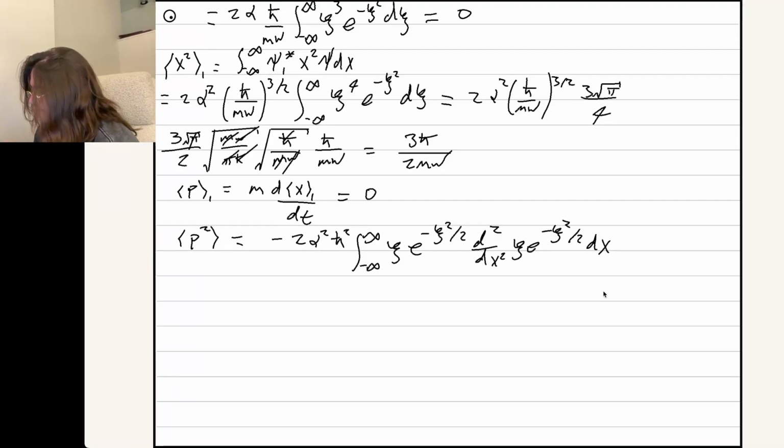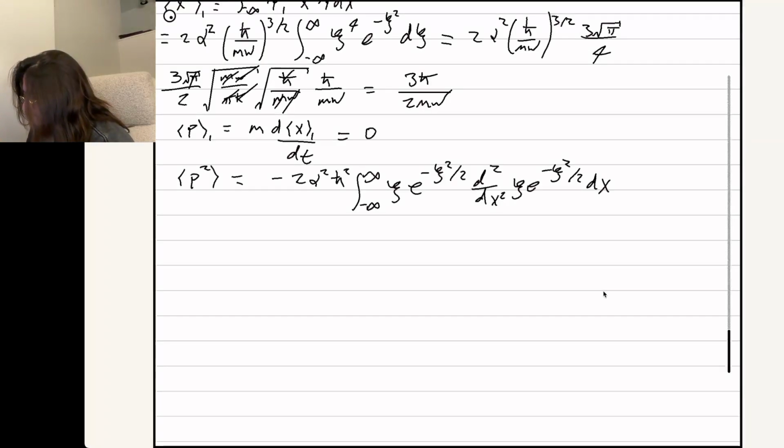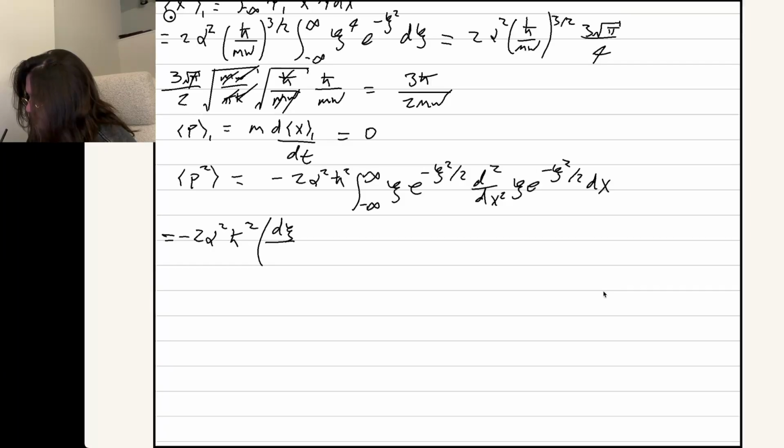And we have to convert the second derivative over x into a second derivative over ξ by multiplying by the derivative of ξ with respect to x twice, and also change the differential over into dξ, so we multiply by an additional factor of, it's just ħ over mω.